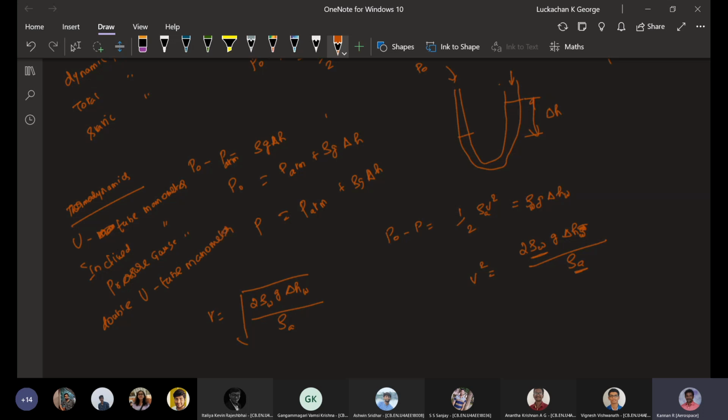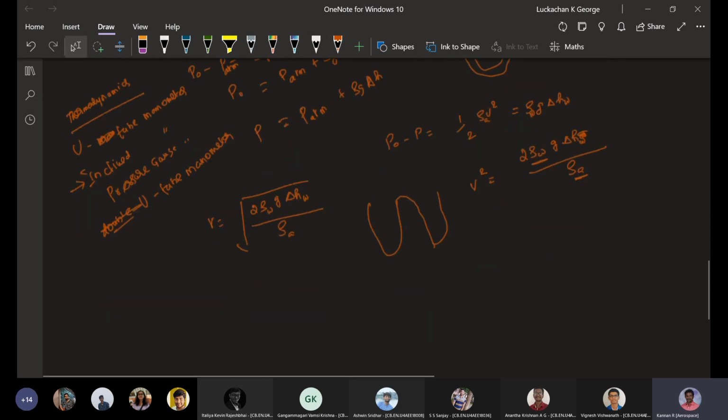In the ISRO entrance and all, they will be asking you about two U-tubes, connections of one U-tube with another, and so on. So you should be in a position to handle that situation. What is the advantage of an inclined manometer? And even in the last exam I asked, what is the manometric liquid?